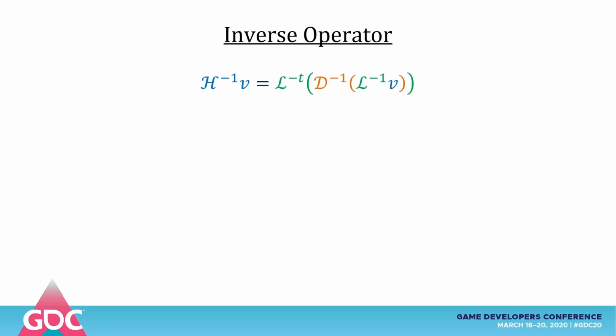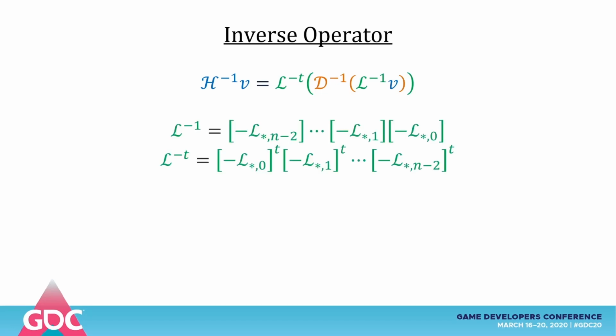We can now apply the inverse of H to a vector V. And this is equivalent to applying the inverse of the factors of the LDL decomposition in the opposite order. The inverse of the matrix L can be computed using its decomposition into the elementary matrices that we obtained during the Gaussian elimination. The inverse of each elementary matrix is simple to compute.